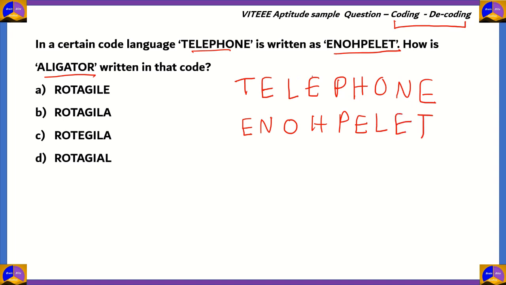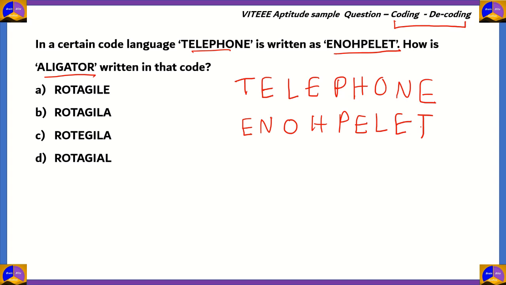So TELEPHONE. Now, if you have an analytical mind, you would have guessed by now that the letters in the code language are the same letters in the word. The difference being that the order of the letters is reversed.